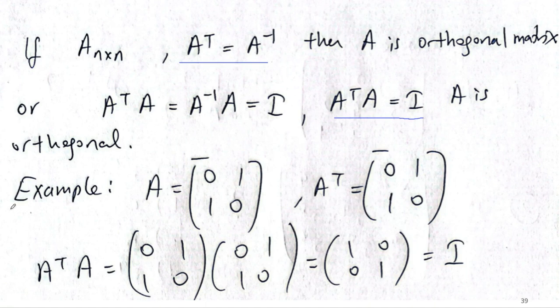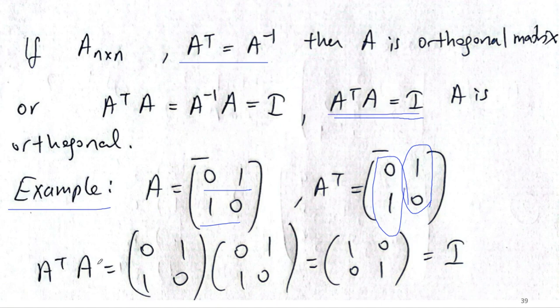And here is an example. We have matrix A. We calculate the A transpose. Basically, we can replace the rows with columns. This is 0, 1, 0, 1, 1, 0, 1, 0. And then we can multiply and check this condition.